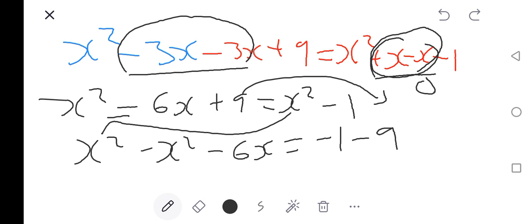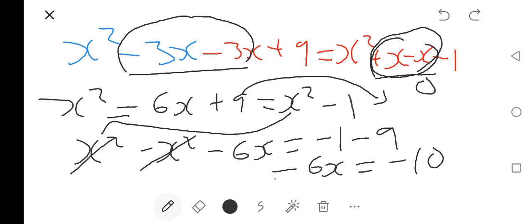So positive becomes negative. x squared minus x squared, they cancel. It gives you negative 6x equals negative 10. Calculators are allowed. You must use a calculator at all costs. So negative 1, negative 9 gives you negative 10.